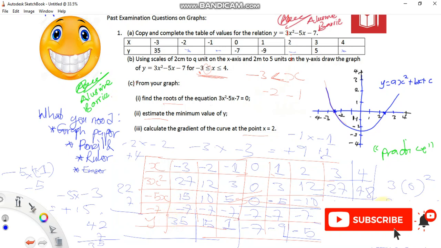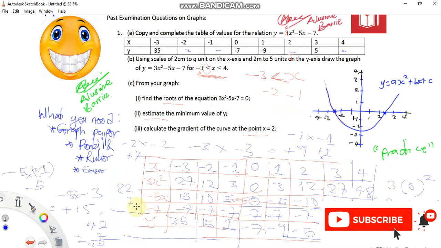Remember, the minus 7 is constant. So we say 48 minus 20. This will first of all leave us with 28. 28 minus 7 is going to give us 21. Right? So now we have completed the table. This is the first part of this question that asks us to copy and complete the table.